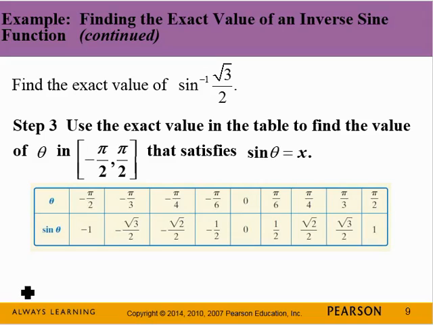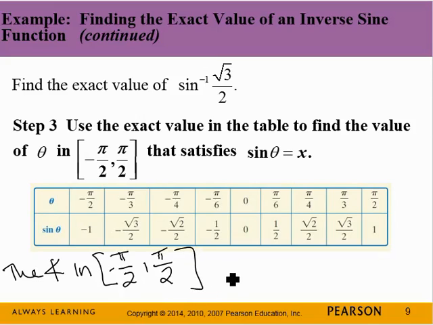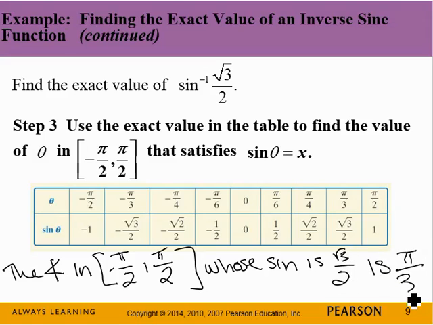So now you have the angle in negative pi over 2 to pi over 2 whose sine is square root of 3 over 2 is pi over 3.